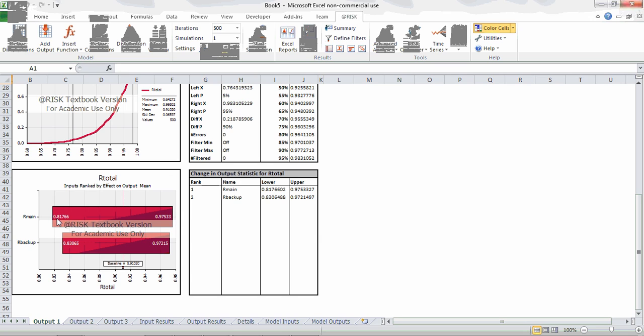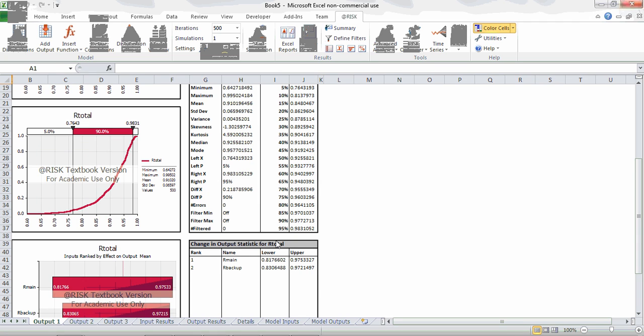As you can see in this tornado graph. And this gives the cumulative distribution, in the range between 0.76 and 0.93. It's about 90%.